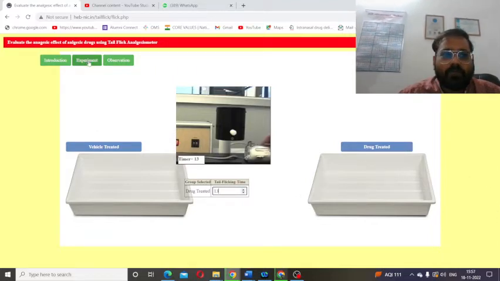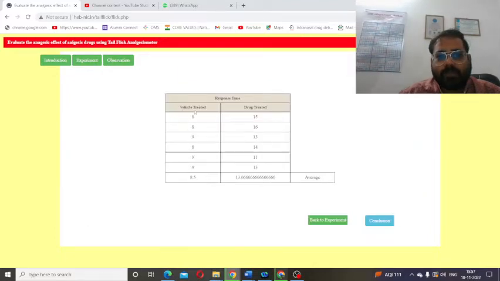Now we have to see the observations. When the vehicle was given, that is without any drug, the response time was 8 to 9 seconds, an average of 8.5 seconds. But once we give morphine, which has a pain relieving property, that is the analgesic property, we can see the time difference.